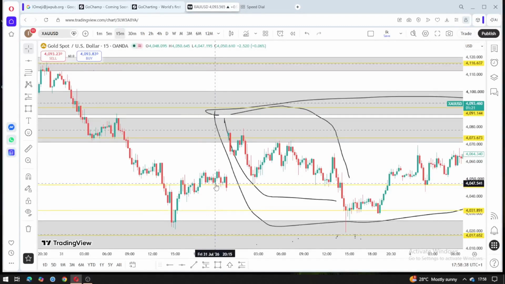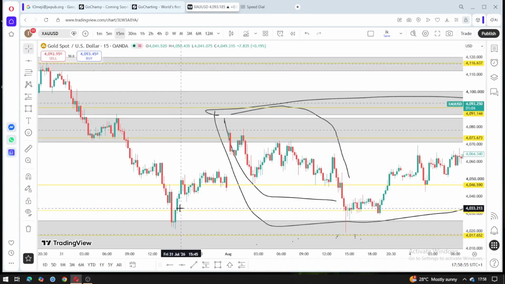If you mark it as a zone, you see that all this place will be covered, meaning that the market came back, broke out, came back to this place, I mean, hit this zone, and reversed from here.